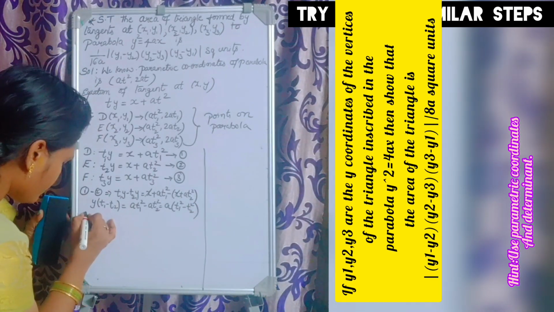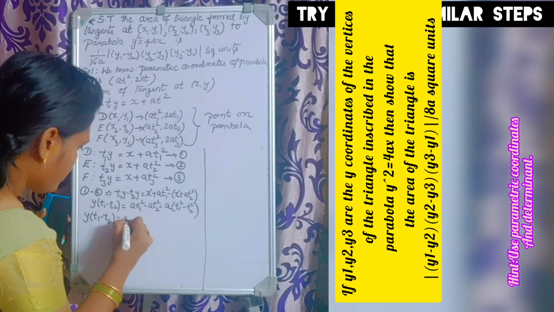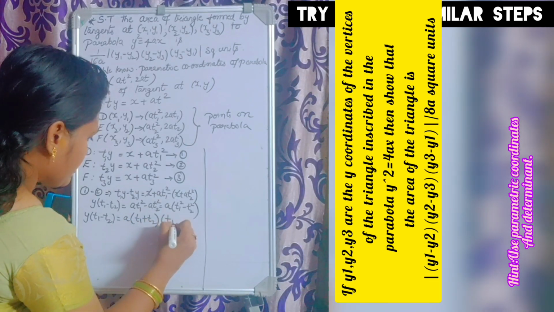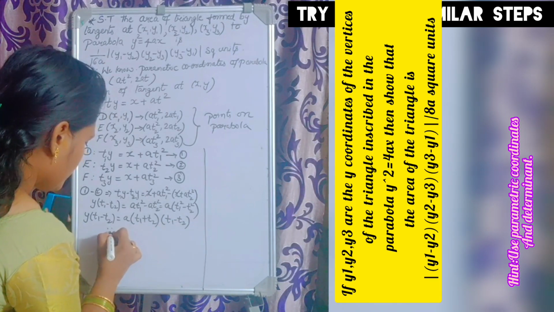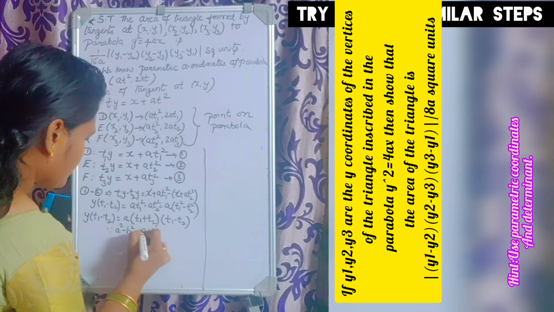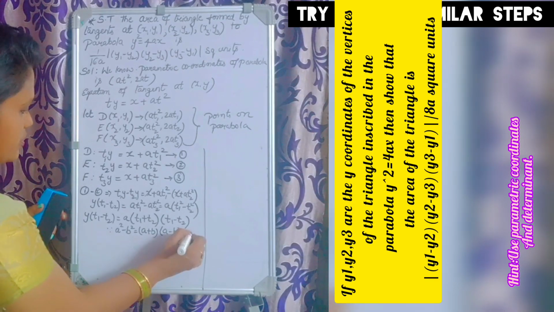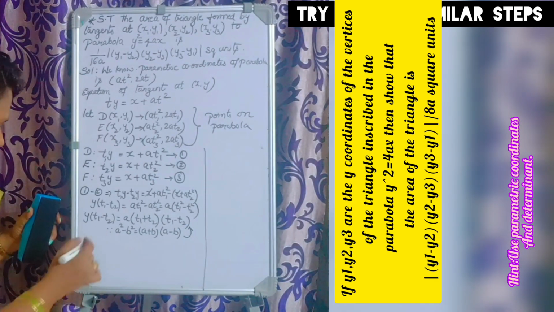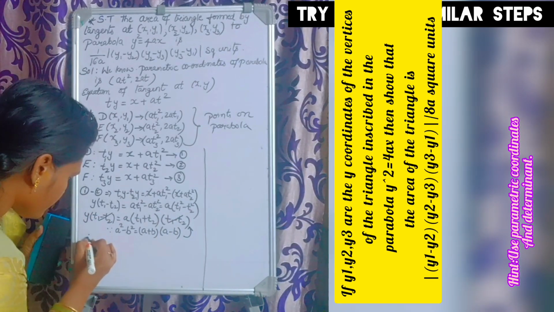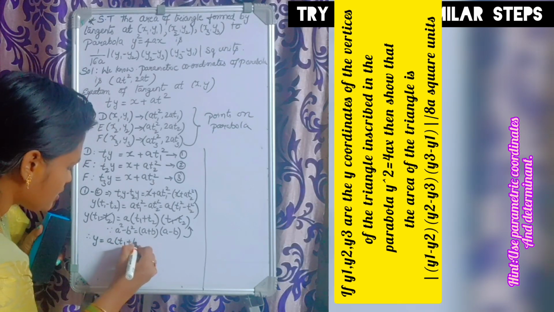Now I can write this as (t1 minus t2) y is equal to a (t1 plus t2)(t1 minus t2), because it is the a square minus b square formula, a plus b into a minus b. I expanded by using this formula. Now anyway this gets cancelled. Therefore y is equal to a (t1 plus t2).